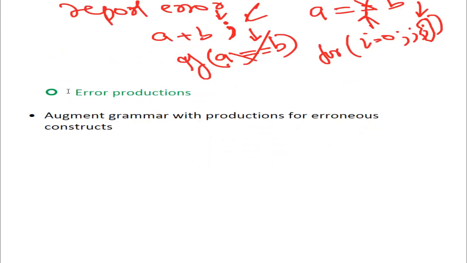Now the next thing we have is the error productions. Programmers anticipate common errors that might be encountered, so we augment our grammar with productions for erroneous constructs. When you are parsing and you encounter those error productions, you can give a proper, better error diagnostic, because you exactly know what to do.